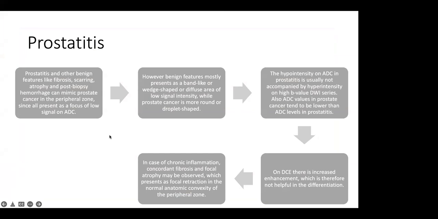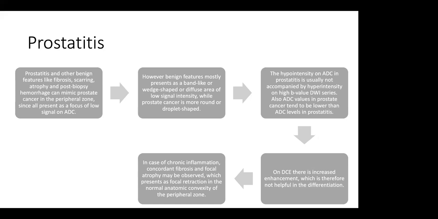This summarizes prostatitis and benign features like fibrosis, scarring, atrophy, or post-biopsy hemorrhage. They can sometimes mimic cancer, especially in the peripheral zone, and we need to follow the rules. We look at their margins or borders, whether ill-defined or well-defined.